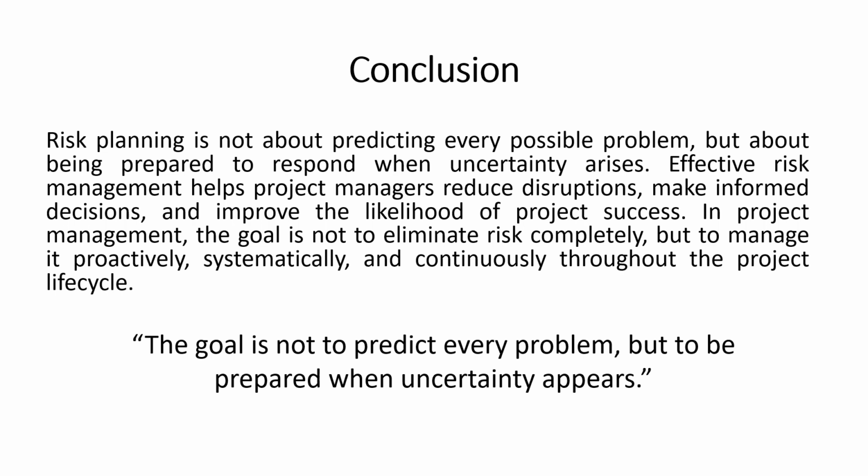We have discussed how effective risk management helps project managers identify risks early, assess their significance, plan suitable responses, and monitor risk continuously throughout the project life cycle. These actions help reduce disruption, support better decisions, and improve the likelihood of project success.